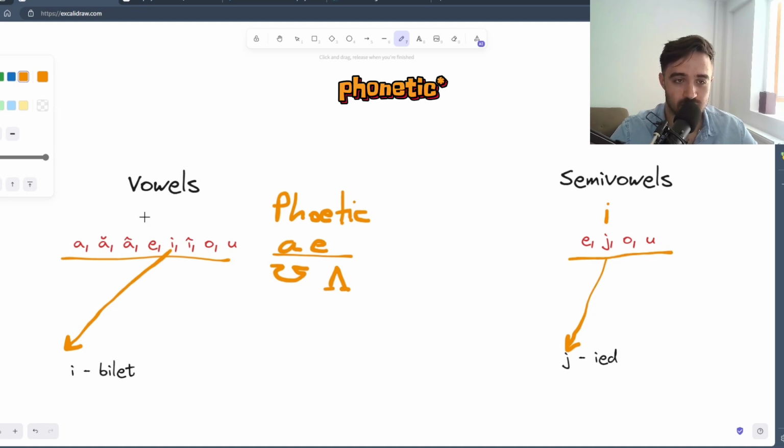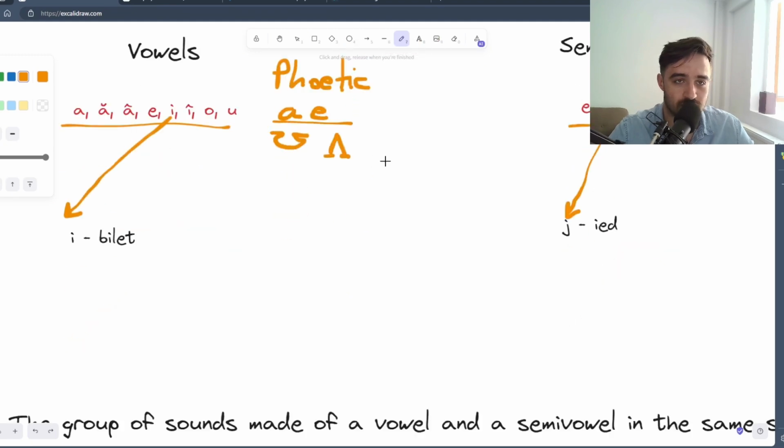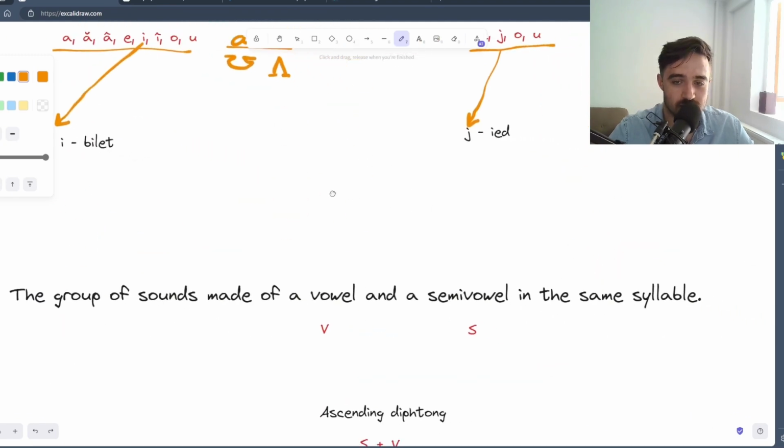You can see that all the A's, so a, and as well as this, are all considered vowels. So they are more important, more pronounced than semivowels, which all the other ones can be. And let's move to the definition of what a diphthong is, finally.